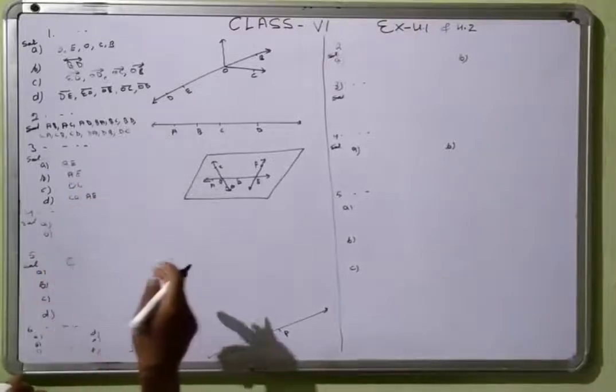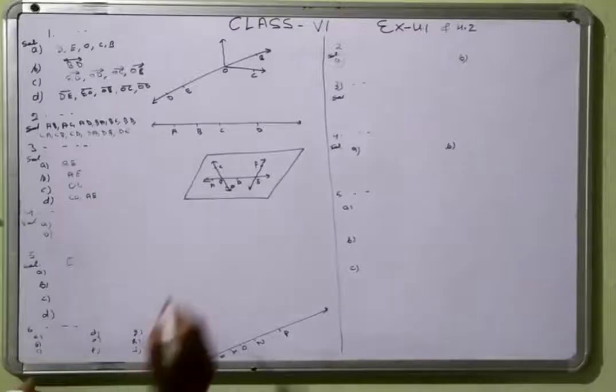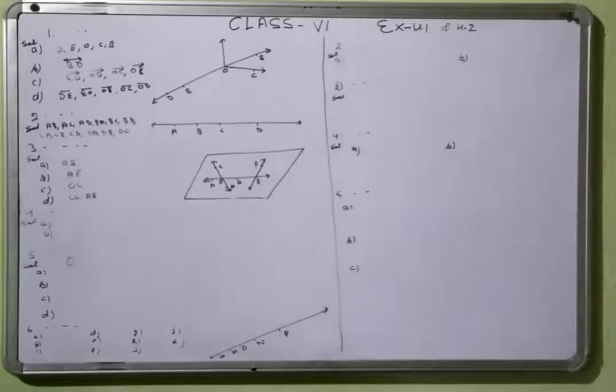It means 2 pairs of intersecting lines. This one line is intersecting, this one also intersecting. So many more are also there.